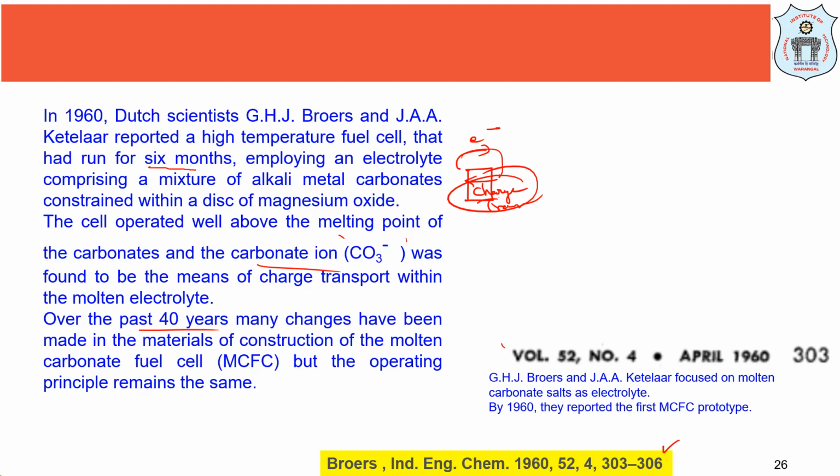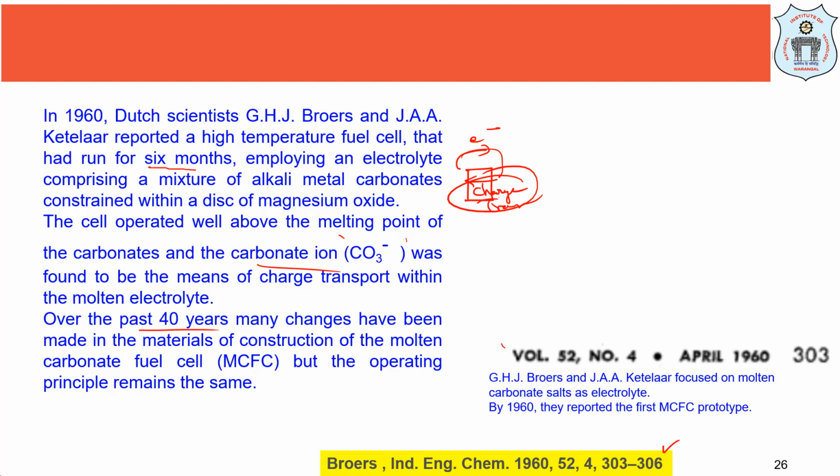In the 1960s, Dutch scientists Broers and Ketelaar reported a paper in a journal called Industrial and Engineering Chemistry. They reported on a high temperature fuel cell which they tested for 6 months, running with an electrolyte made of alkali metal carbonate contained within a disc of magnesium oxide.